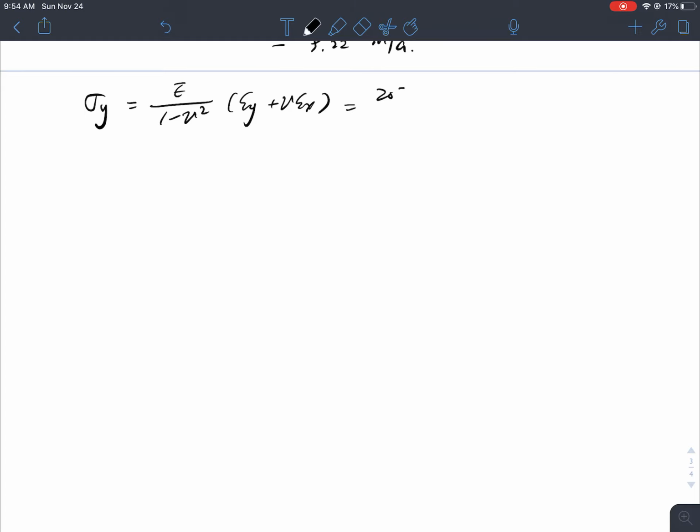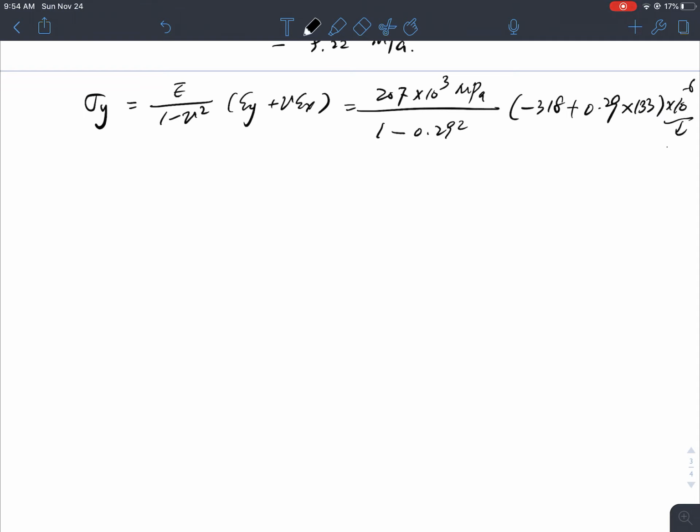This is 207 times 10 to the 3 megapascal, divided by 1 minus 0.29 squared, inside the bracket minus 318 plus 0.29 multiplied by 133, and don't forget the microstrain. This gives me minus 63.1 megapascal.